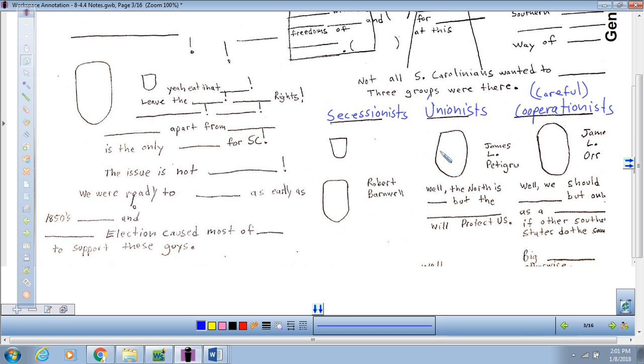Now, let's talk about, you don't really need to know these leaders, but they put a face to them. First of all, were he still alive, states' rights and nullification, well, he passed away by now.